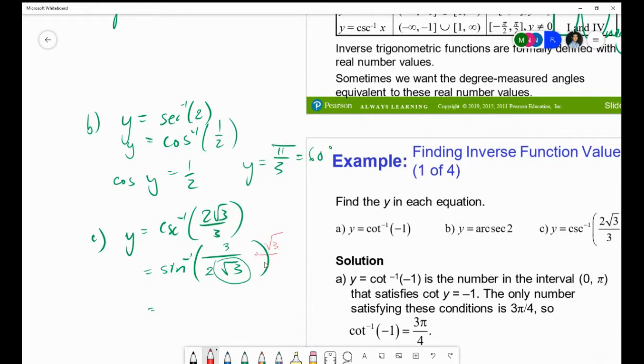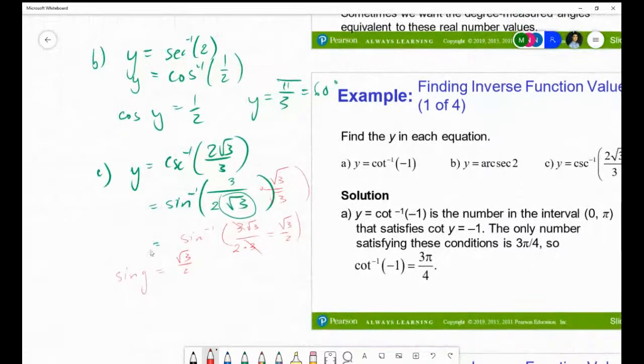So you get 3 square root of 3 over 3 times 2, and cancel 3. Yeah. All right. So sine of y is equal to square root of 3 over 2. So what angle is y? What angle gives you square root of 3 over 2 for sine?